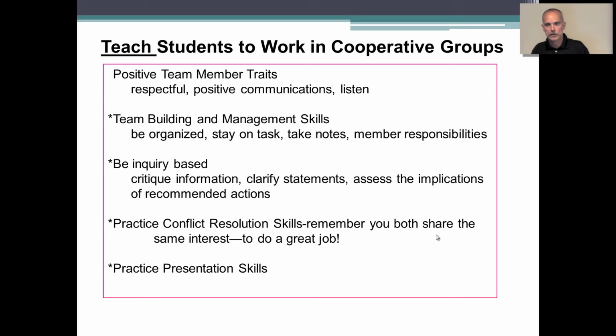Also practice good conflict resolution skills. In my junior senior level classes, I have a unit very early in the class associated with professionalism, where we talk about practicing good conflict resolution skills and how to do that, because undoubtedly throughout their career they're going to have to address conflicts.